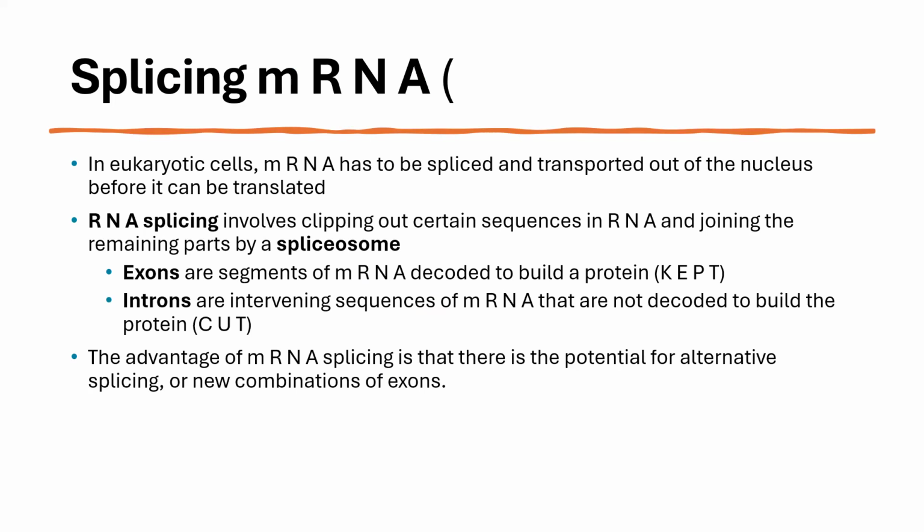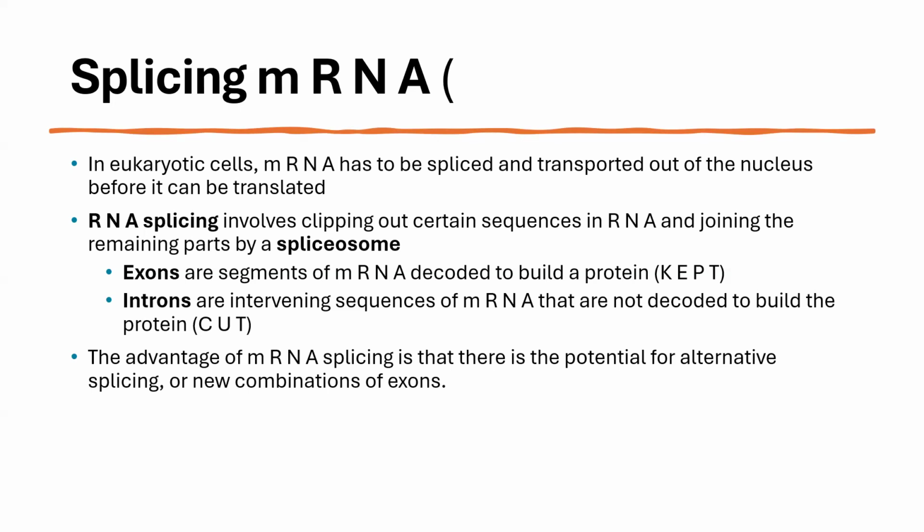Eukaryotes have a special process of splicing mRNAs, and they have to be transported out of the nucleus before they can be translated. And so in the splicing of RNAs, there are sequences that the final transcript doesn't need, and they are clipped out. And so you've got two types.